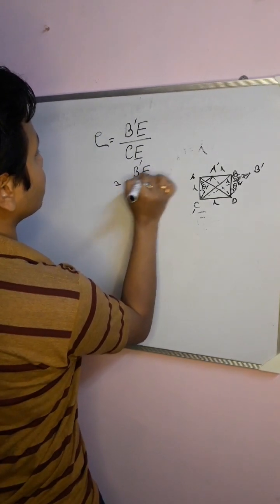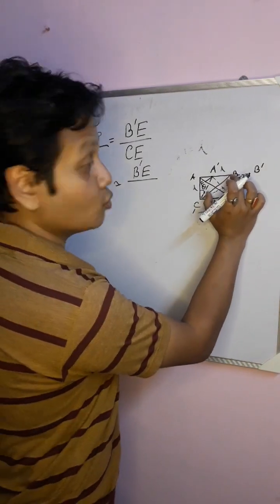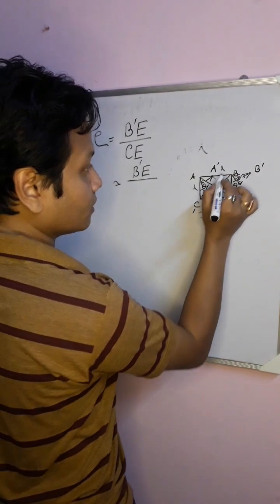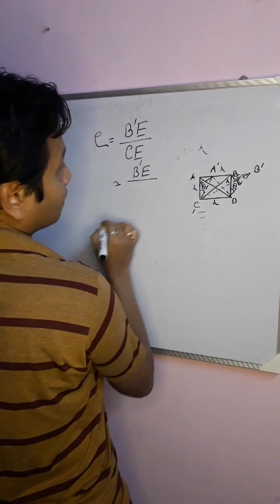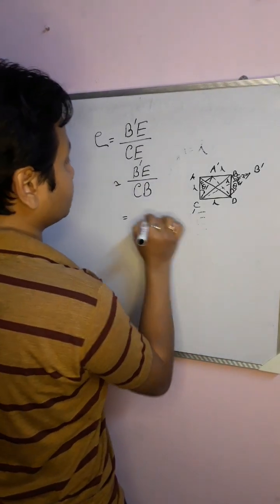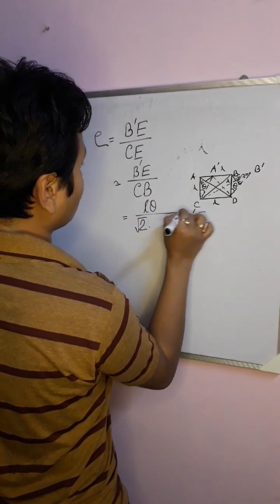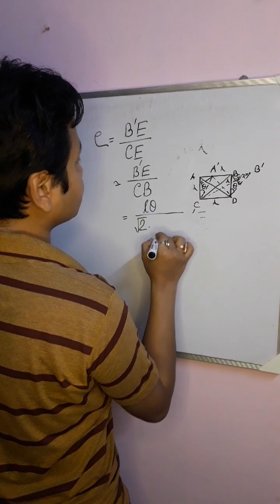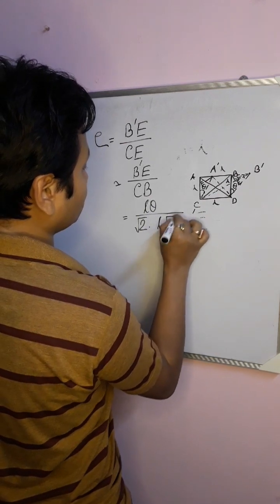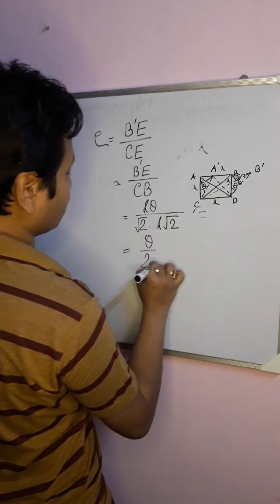Since the shear is very small, CB and CE are almost equal, so we can write CB instead of CE. So B dash E we found is L theta by root 2, and CB is L root 2. L cancels, theta by 2.